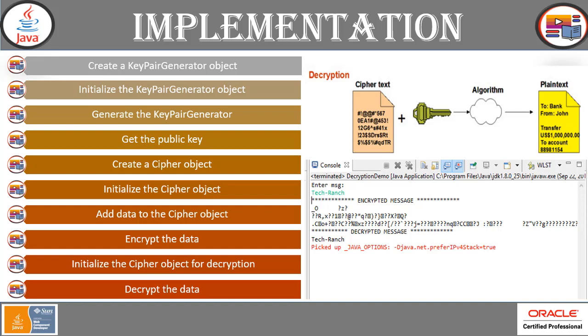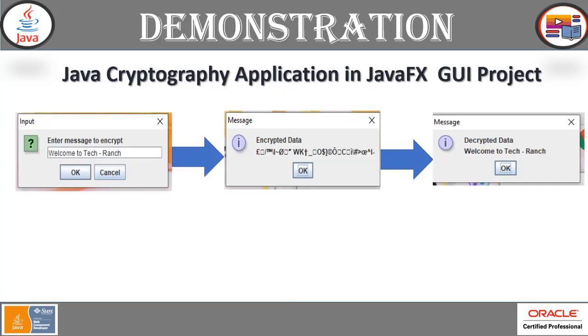Initializing the same cipher for decryption happens with the help of the cipher.init method, and we mention that the mode of the process is decrypt. Now let's take a look at the demonstration and see how it goes. As you can see in this picture, we are going to show you this application as a demo.